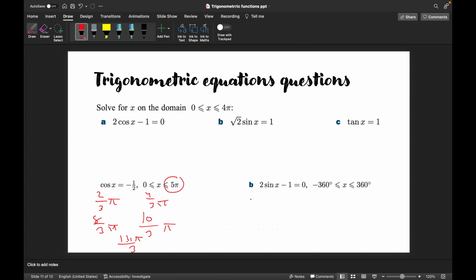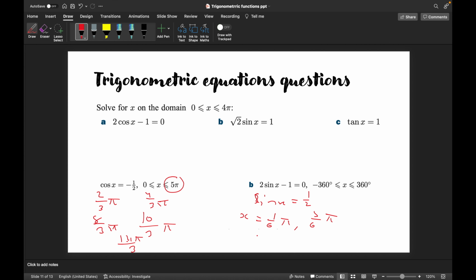And let's solve this question. We have sine x equals 1 divided by 2. Now if we take the inverse of sine, we get x equals 1 by 6 pi, and the second value would be pi minus that, which is 5 by 6 pi. And now we got to subtract 2 pi from it.